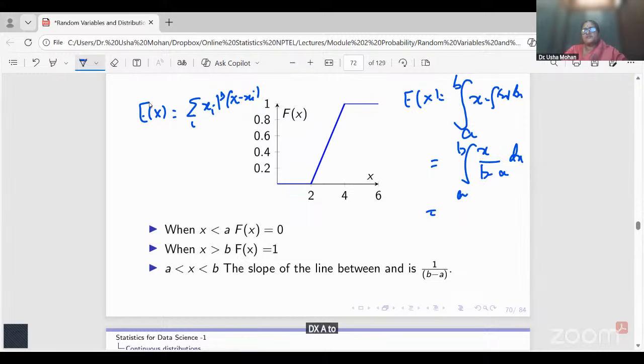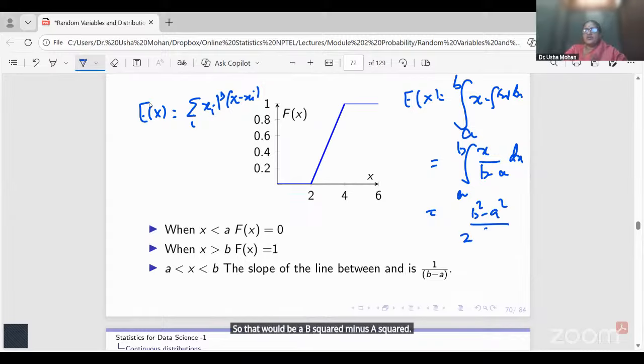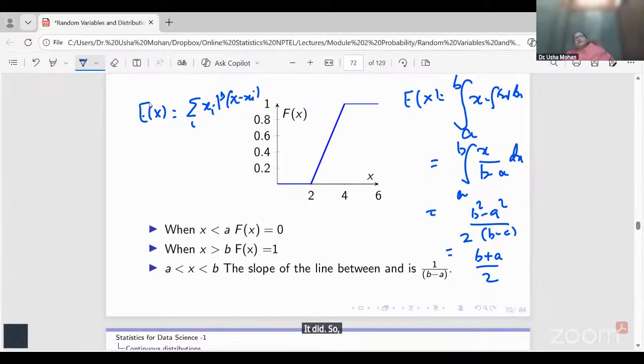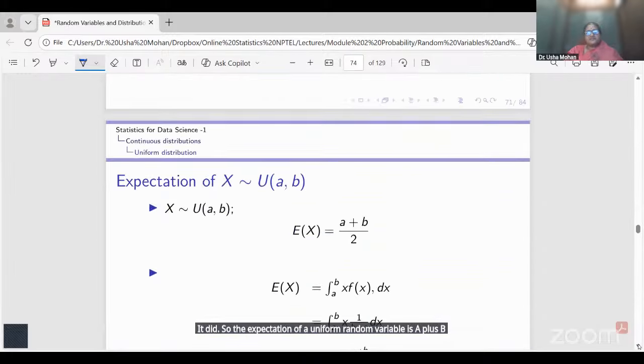What would I have? x square by 2. So that would be b square minus a square divided by 2 into (b minus a), which will give me b plus a by 2. So the expectation of a uniform random variable is a plus b by 2. Is this clear?